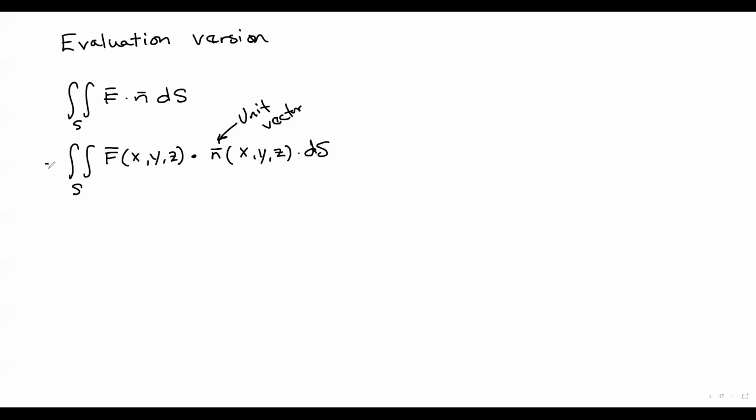And the next step, we're going to do the same thing that we did with surface integrals earlier in this video. It's really the exact same thing. So here we're going to plug in our surface definition. Let's do r of u, v first. So let's say this is the evaluation version for r of u, v.